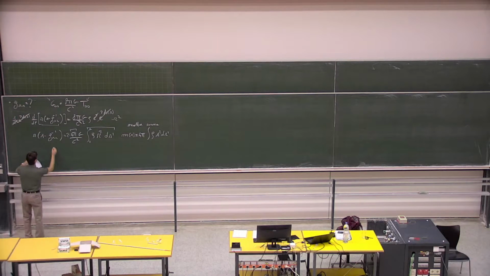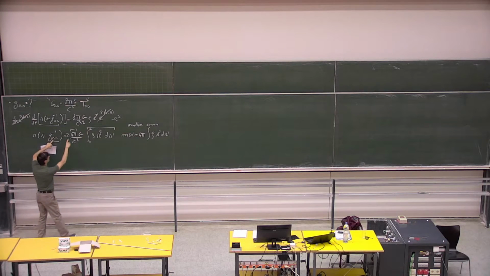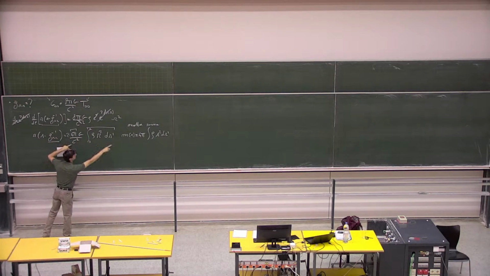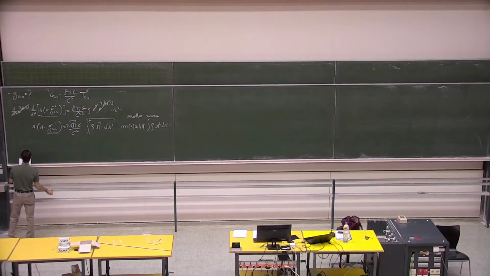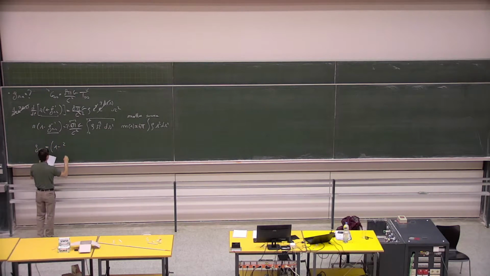Now what we do, we just isolate our GRR with respect to this expression where we can use this definition. With this definition, we are expressing the integral as the matter content within the radius R. So what we get is GRR equal to 1 minus 2GM over c squared R, to the power of minus 1.